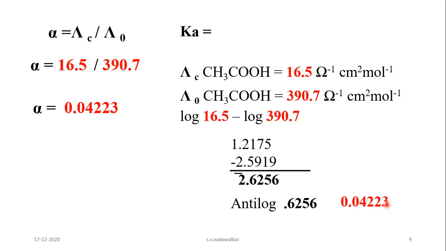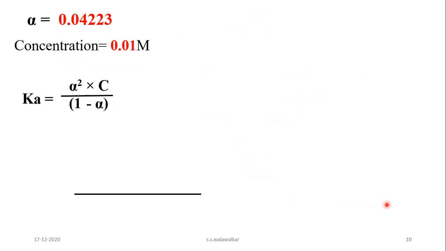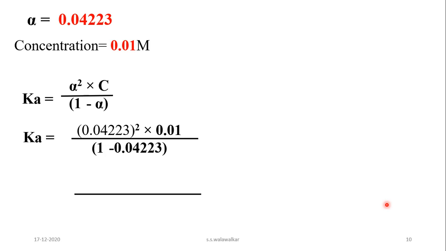Now from that you have to calculate Ka. K is equal to alpha square into C divided by 1 minus alpha. Alpha is known, concentration is known. Substitute these values in this equation. So you will get 0.04223 squared into concentration 0.01 divided by 1 minus 0.04223.